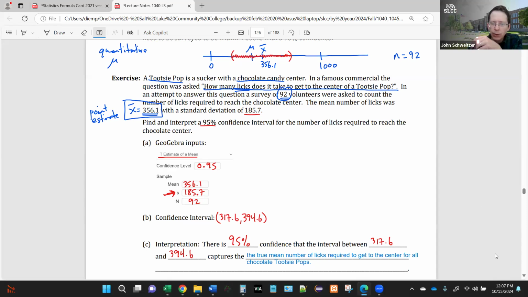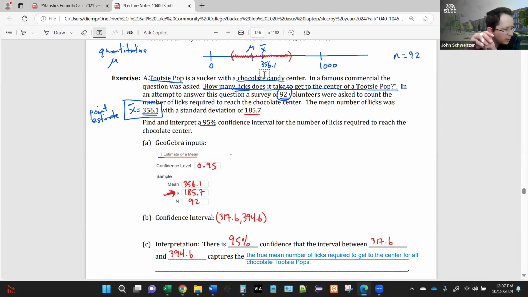It's actually a pretty good estimate in my mind. It's somewhere between about 318 and 395. It's not a terrible estimate. I think that's pretty precise. Again, it's a quirky example, not the most serious, but I think it's kind of fun.